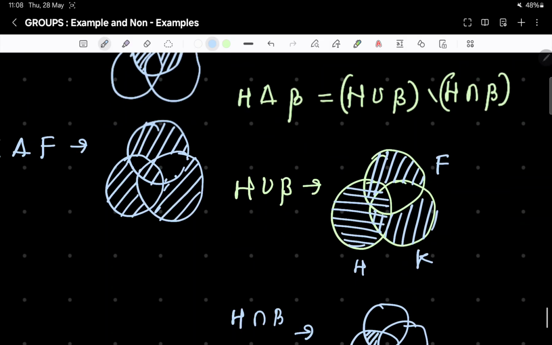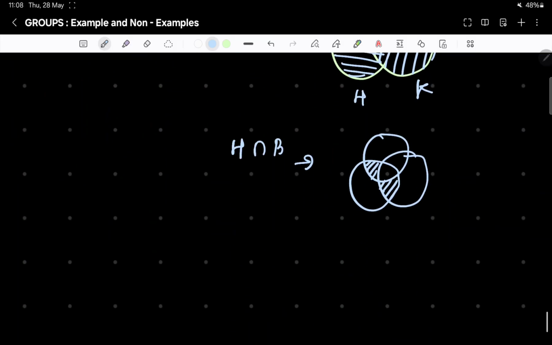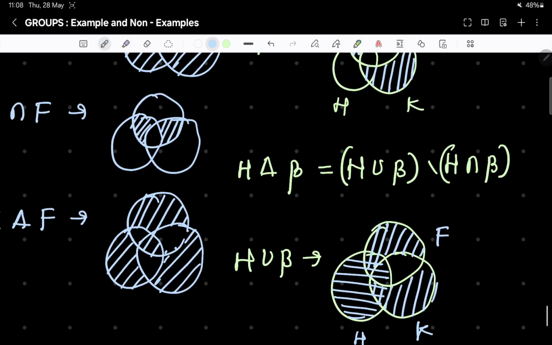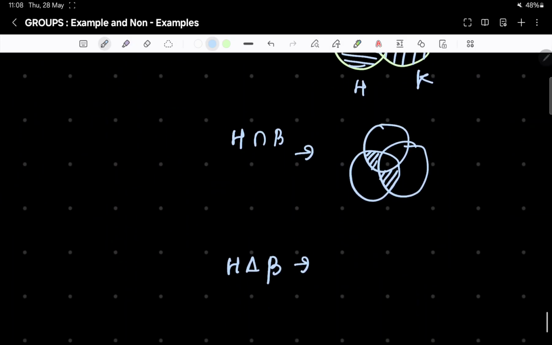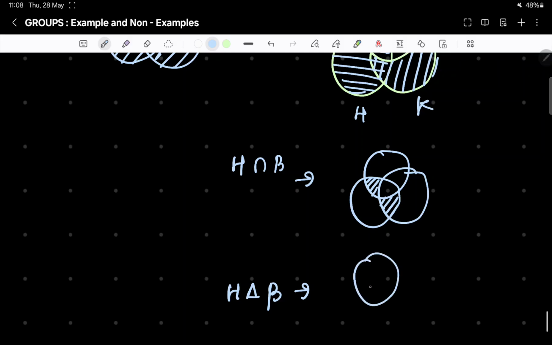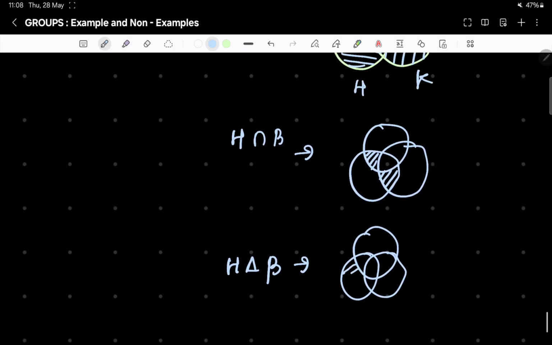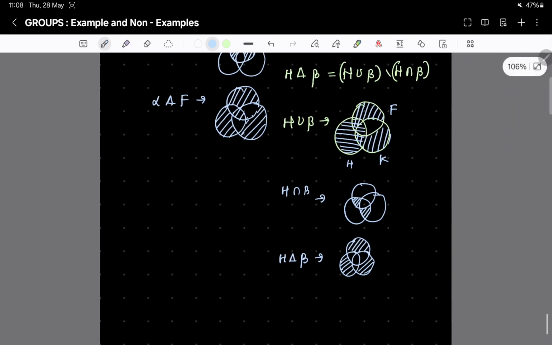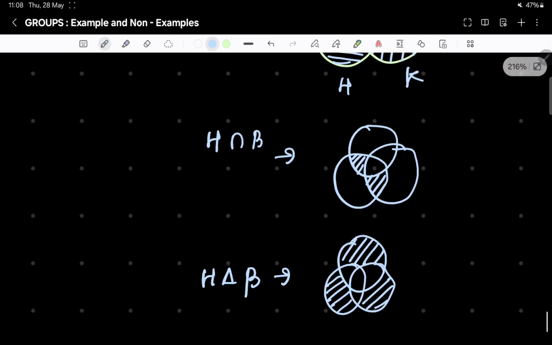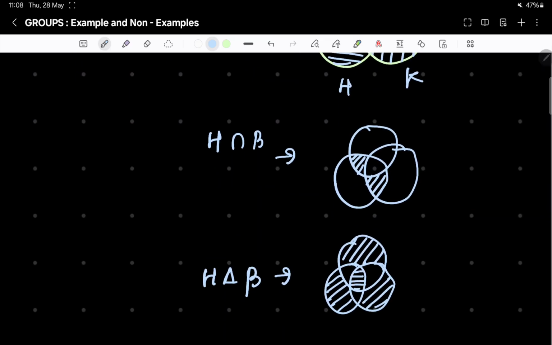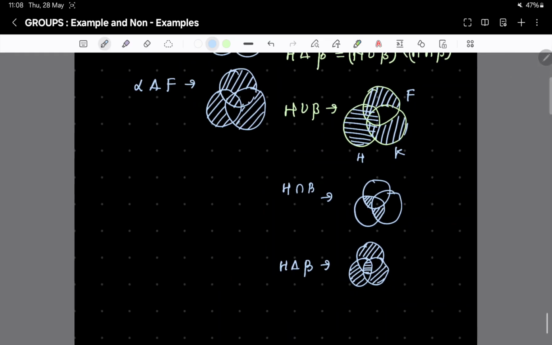Now you try to define H symmetric difference of beta. You are deleting these things from that, so you end up with what is called like this, and there is a fellow inside. Okay. So you can see that they are similar.